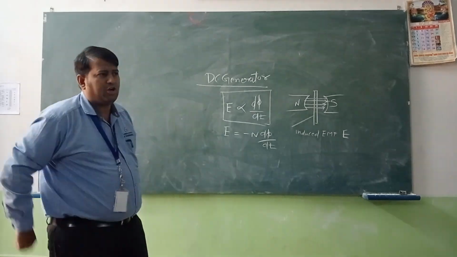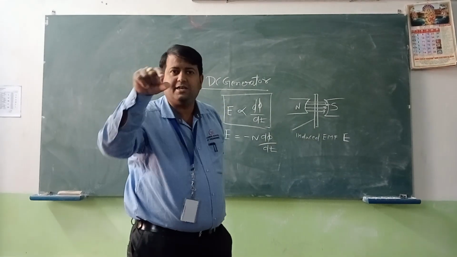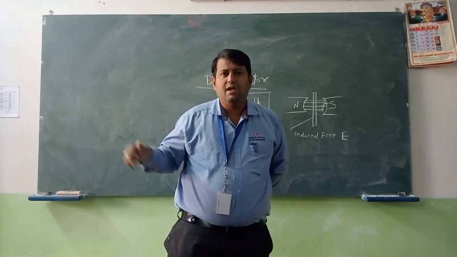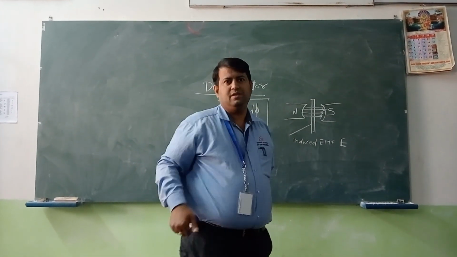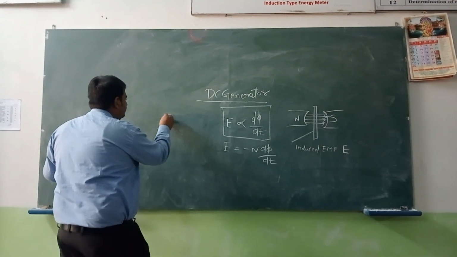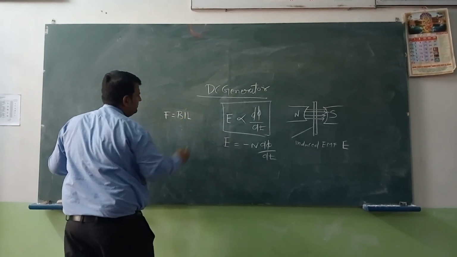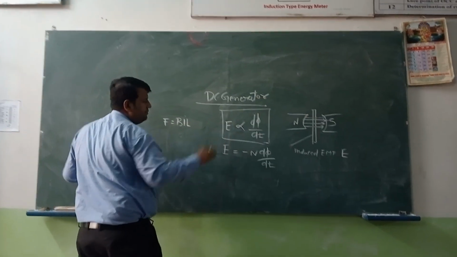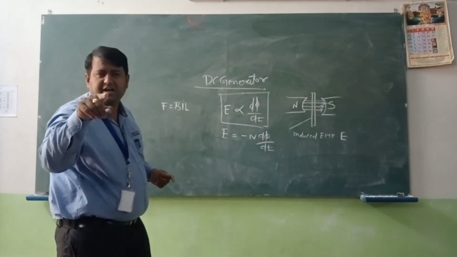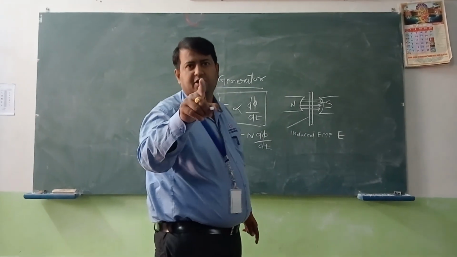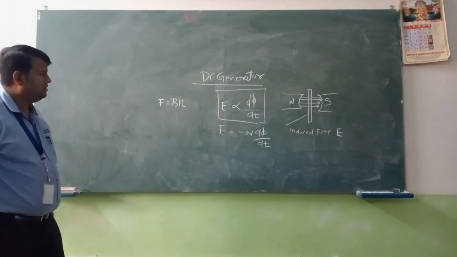In case of a motor, when a current carrying conductor is placed inside the magnetic field, it experiences a force, F equal to BIL newtons. B is the flux density, I is the current in the conductor, and L is the length of the conductor. So F is equal to BIL.